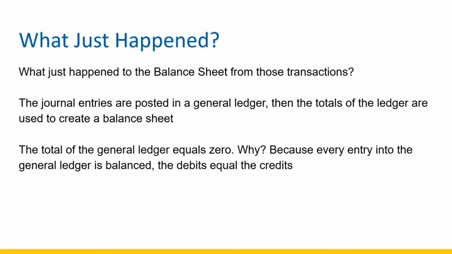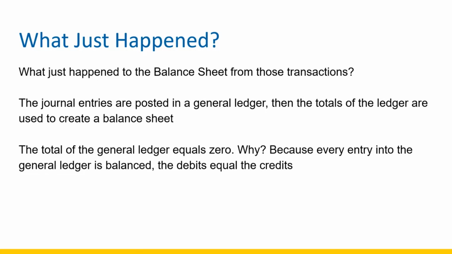So the general ledger consists of cumulative journal entries to each account. And as a result, I will take the assets, liabilities, and equity accounts and reflect them in my balance sheet. And I will take the revenue and expense accounts and reflect those in an income statement.